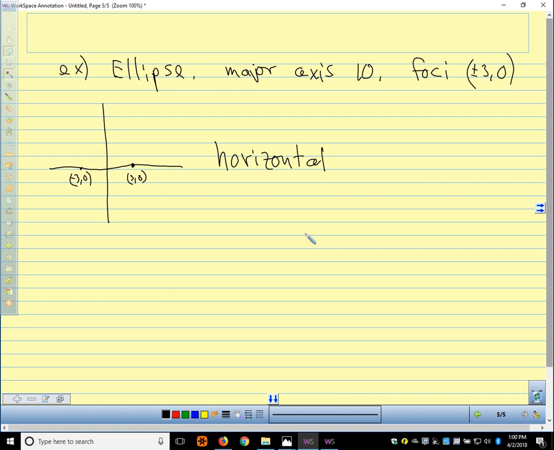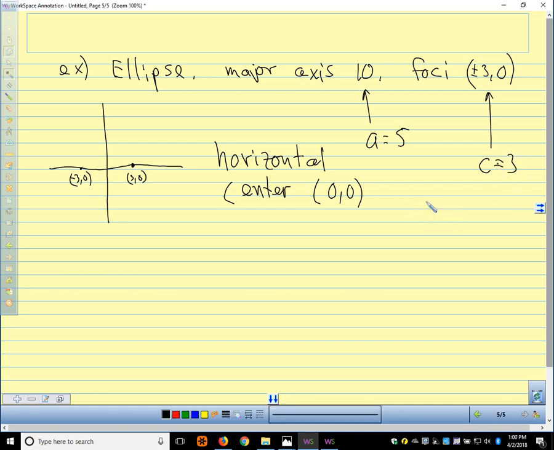Where is the center? In the middle. What's halfway between negative 3, 0 and 3, 0? The center is at 0, 0, halfway between the two foci. What does this tell us? If the major axis is 10 units long, a has to equal 5. What does this tell us? If the center is at 0, 0, c equals 3.